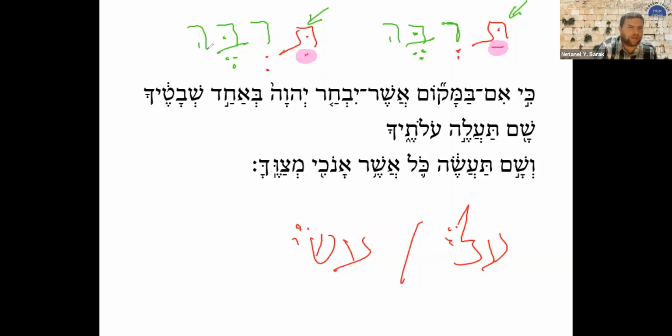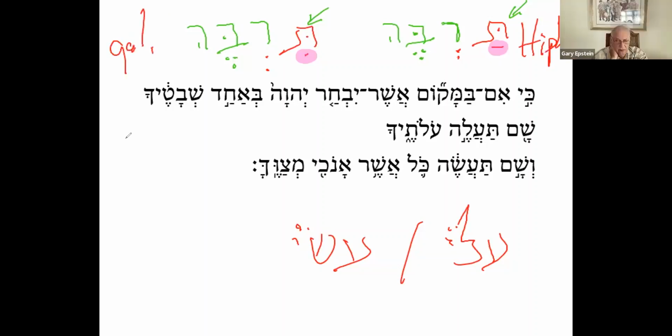If I want to say to someone, you will become many, I am saying tirbe. If I want to say you will cause someone to multiply, I would say tarbe. So on the right hand side, that would be the Hifil, and on the left hand side, the Kal. Okay?